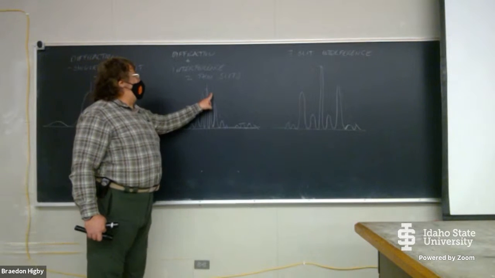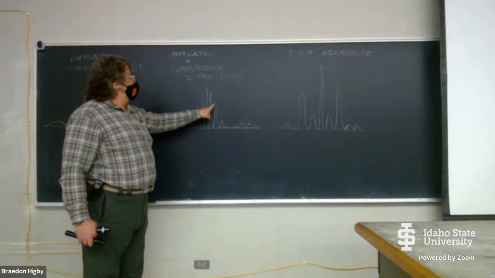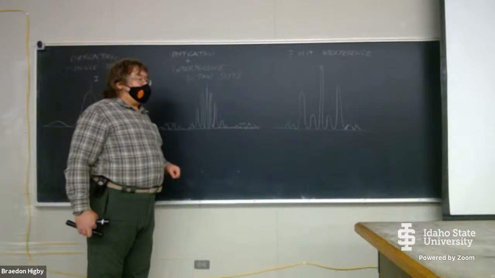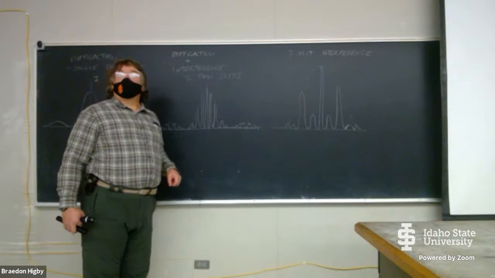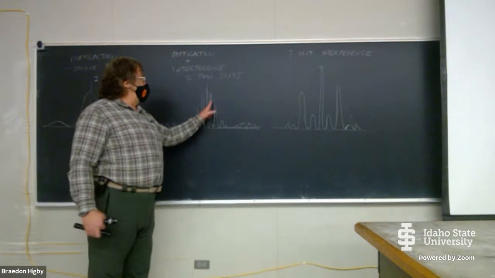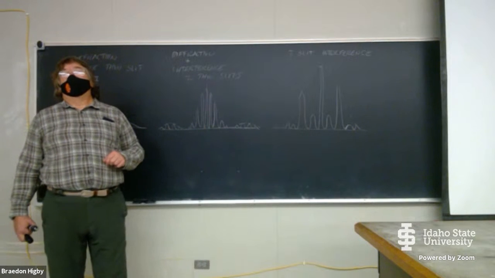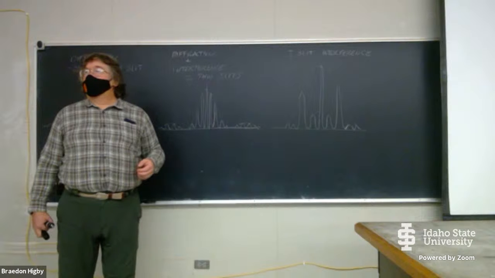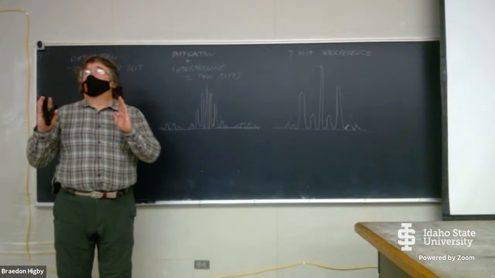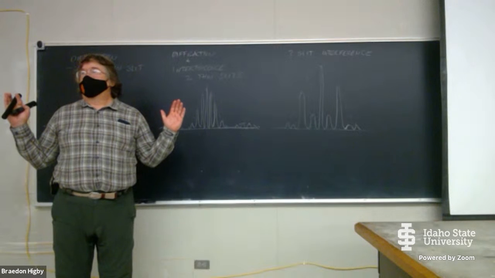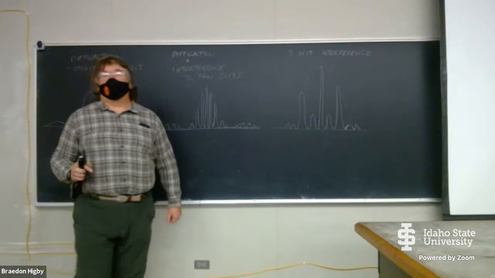These fringes show up where we have a path difference of one wavelength, two wavelengths, then three wavelengths. So if we had longer wavelengths, they would show up on the screen farther apart. And if we had shorter wavelengths, they'd be closer together.